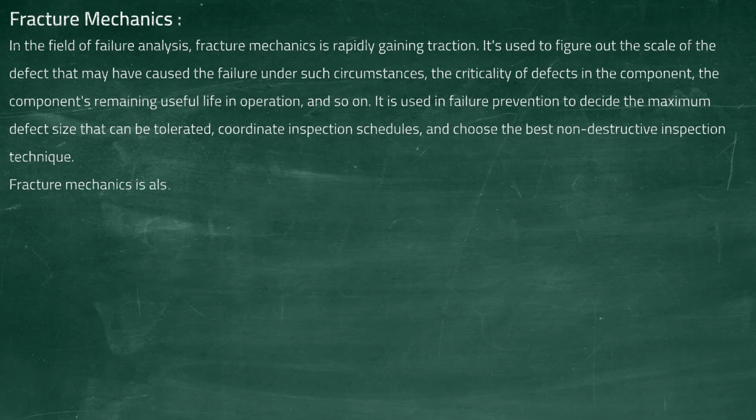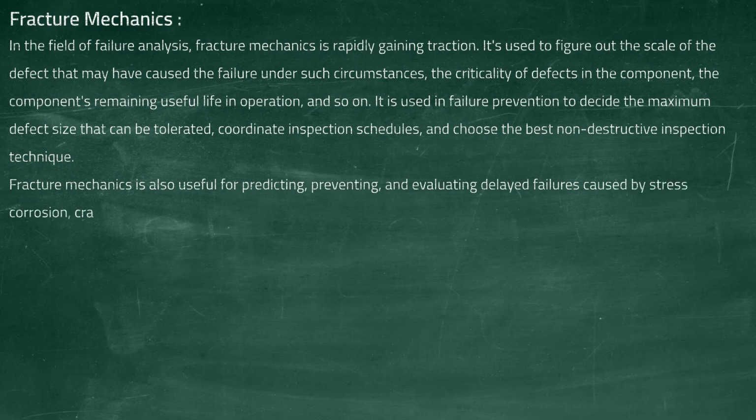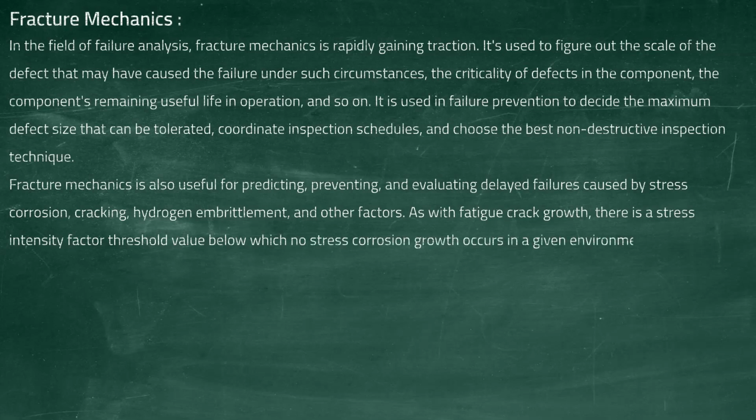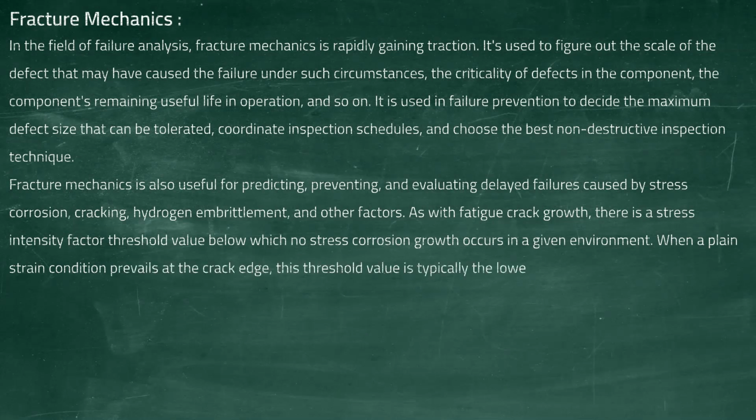Fracture mechanics is also useful for predicting, preventing, and evaluating delayed failures caused by stress corrosion cracking, hydrogen embrittlement, and other factors. As with fatigue crack growth, there is a stress intensity factor threshold value below which no stress corrosion growth occurs in a given environment. When a plane strain condition prevails at the crack edge, this threshold value is typically the lowest, and it is usually designated as KISCC.